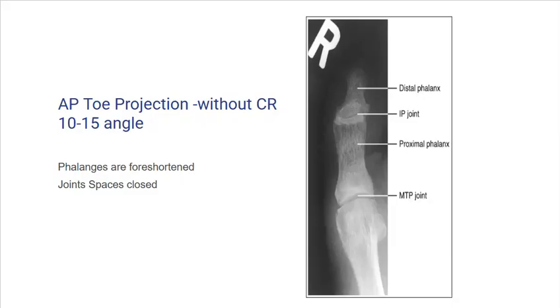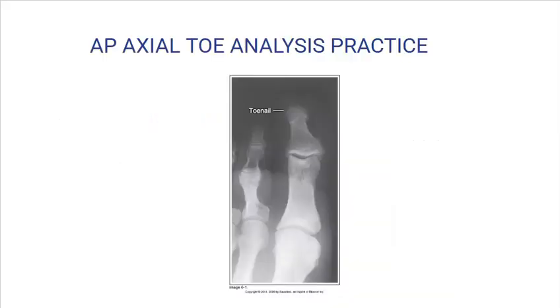In this instance, when there is no angulation, the phalanges will appear foreshortened and the joint spaces will be demonstrated as closed. Go ahead and review this image analysis and answer the following question.